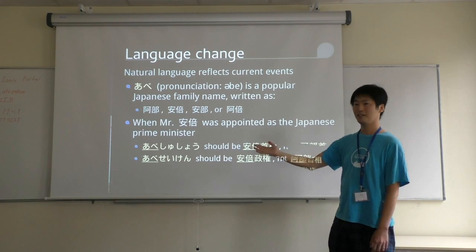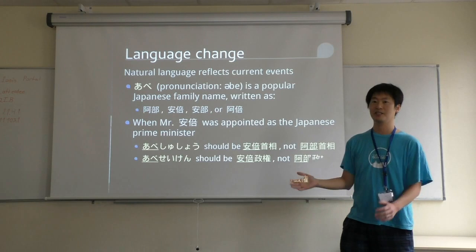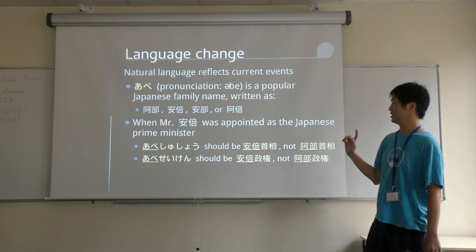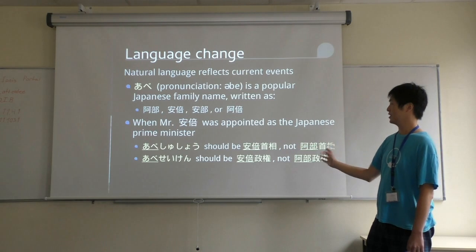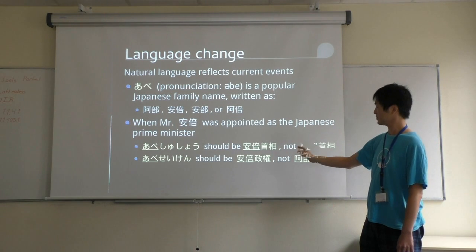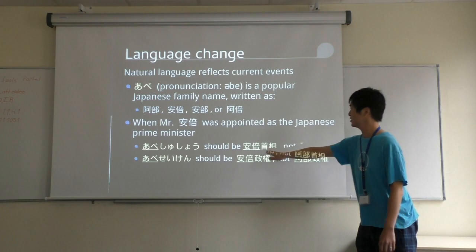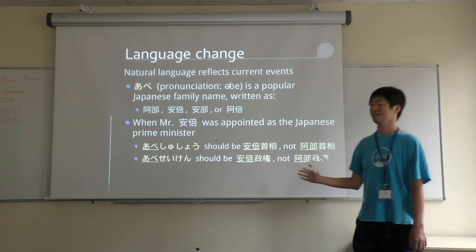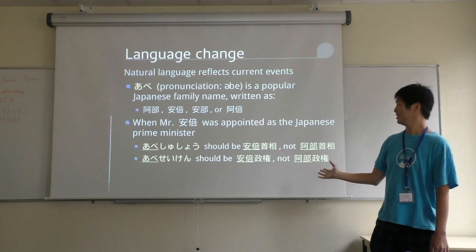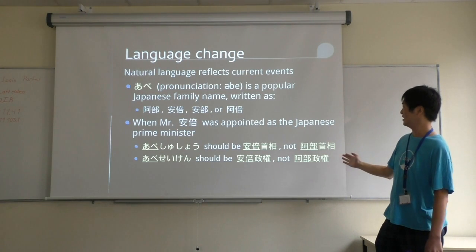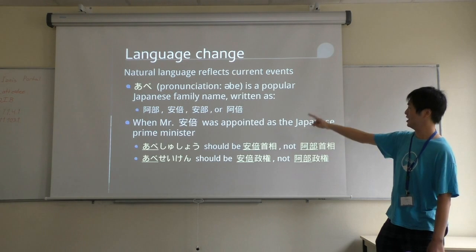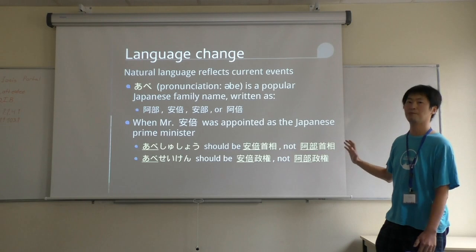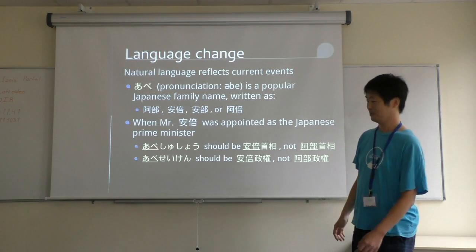But when Mr. Abe was appointed Japanese Prime Minister in the last few years, the input method should return this particular Abe for all political words. If we show other Abe characters, users will think it is a bug.